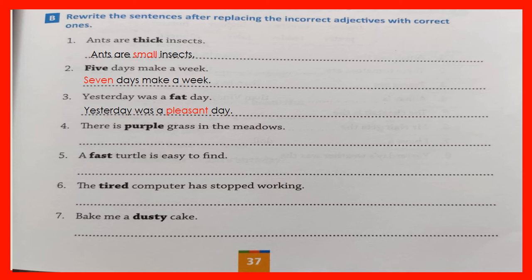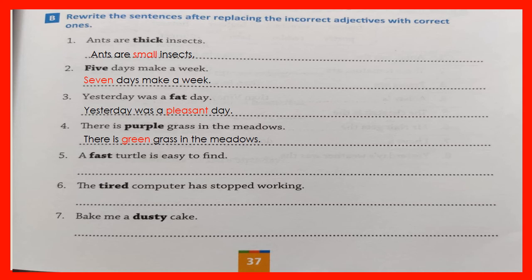Now, can grass be purple? You will write here green grass. And what is the meaning of meadows? Meadows means a field full of grass, right? It can also be called as Greenland. So, let's write the sentence. There is green grass in the meadows.